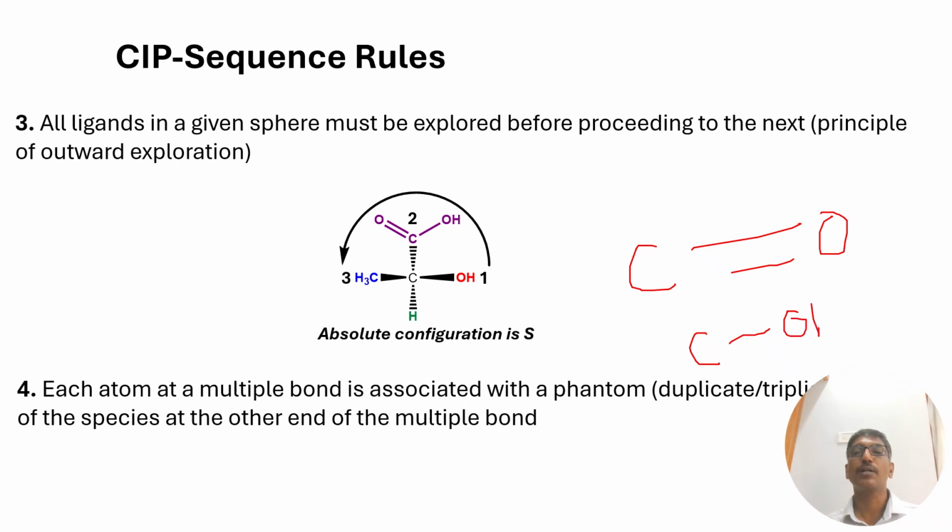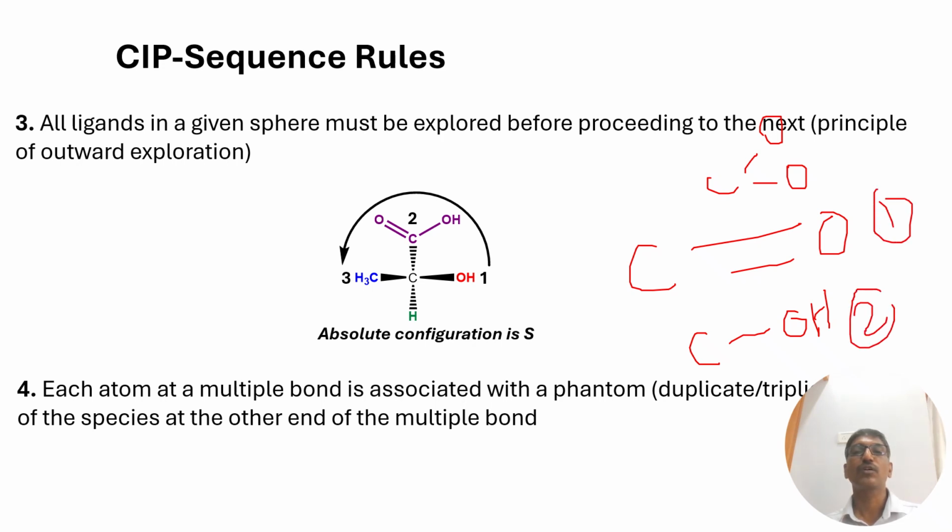This one gets the second priority because carbon is considered attached with two oxygens, like this phantom, oxygen and oxygen. So whenever you see the molecule with carbon with a double bond O and carbon directly attached to oxygen OH, then this gets the first priority, and the OH would get second priority.